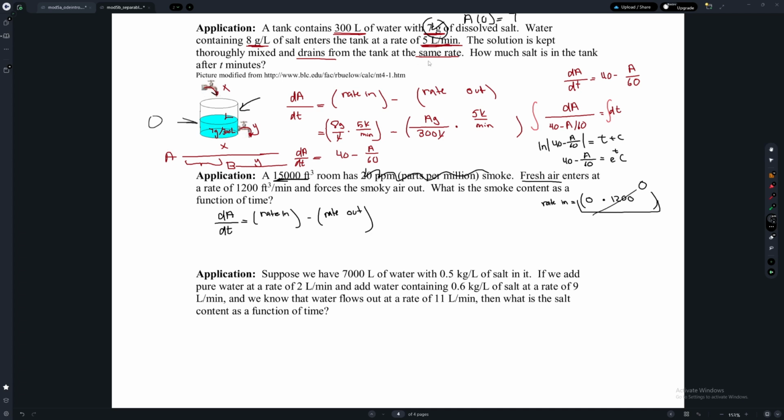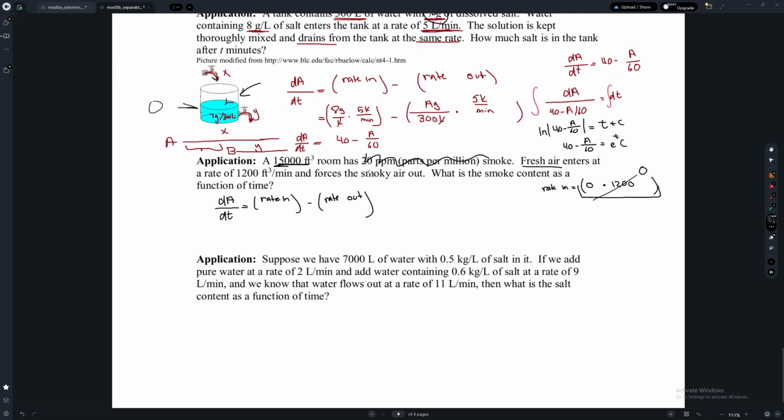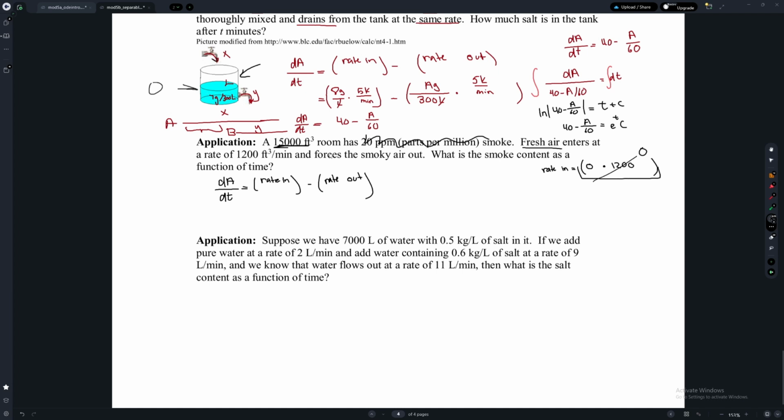If not, never, because the same rate is going in as the same rate coming out. But in our case here, there's fresh air coming in, so eventually we'll have a smoke concentration of 0. The smoke content will have no smoke anymore. So that's why, because there's no smoke coming in, it goes to 0, because eventually this whole integral will go to 0.